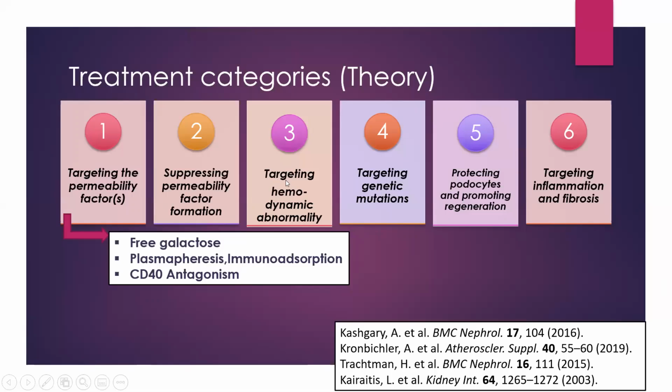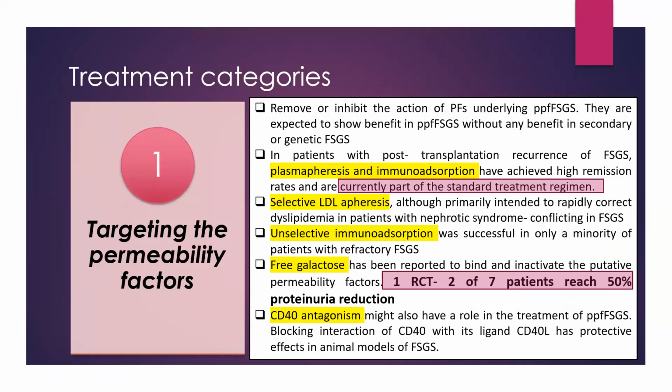Target 3, targeting the hemodynamic abnormality, targeting the genetic mutations, protecting the podocytes and promoting regeneration, and targeting the inflammation and fibrosis. In the first category, we have some known trials for free galactose and plasmapheresis and immune adsorption and CD40 antagonism. I will discuss it in summary.